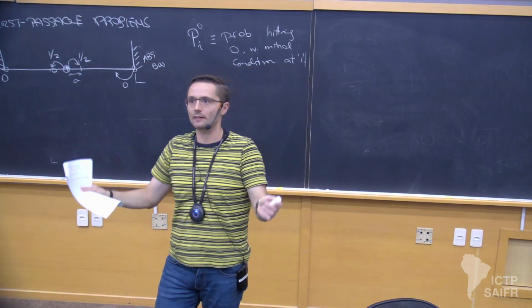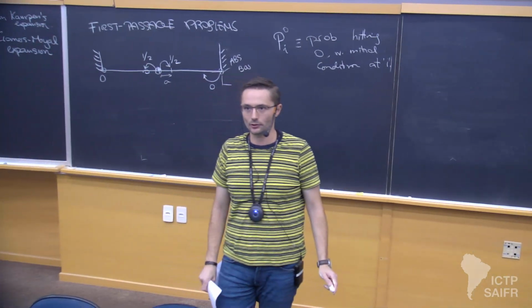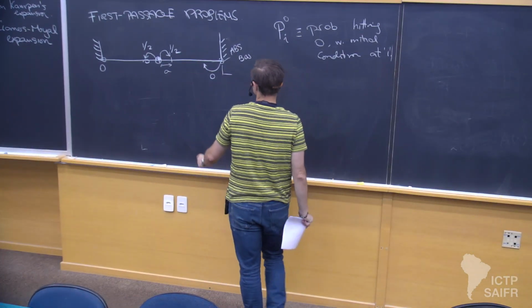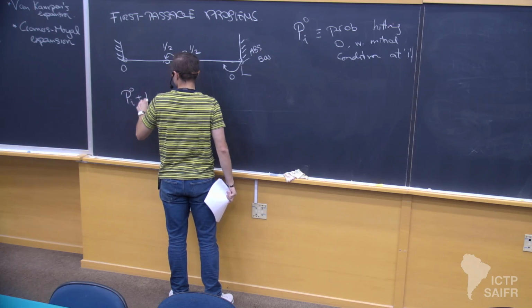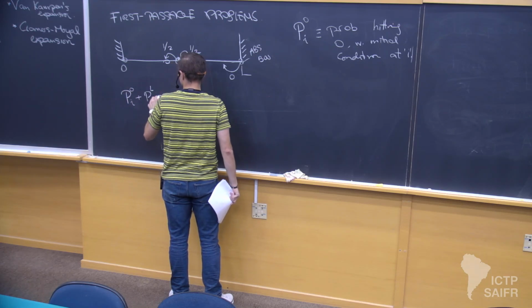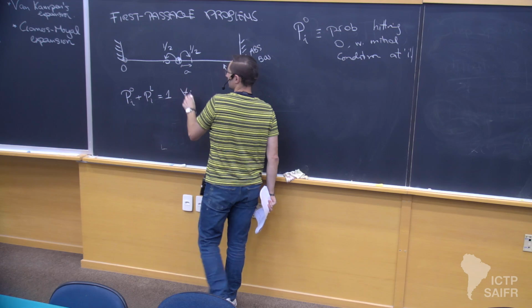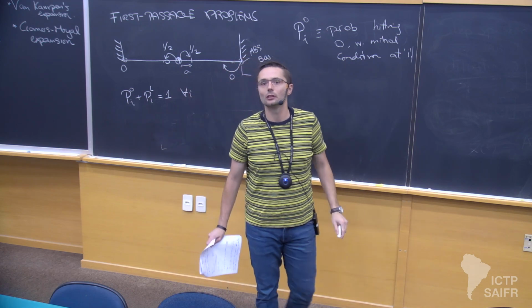So the random walk is eventually going to hit one of the borders. That we already know. So the probability that starting at I I hit 0 plus the probability that I hit L is equal to 1 for all I, regardless of the initial condition.